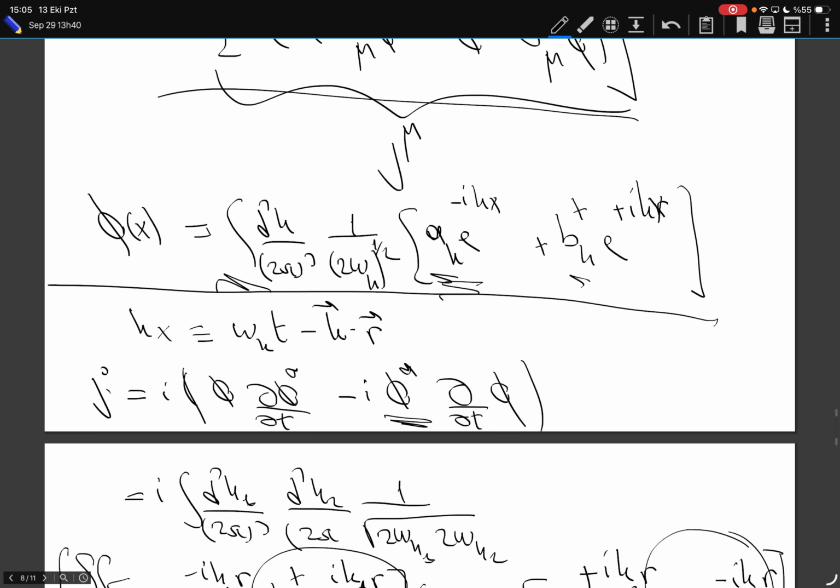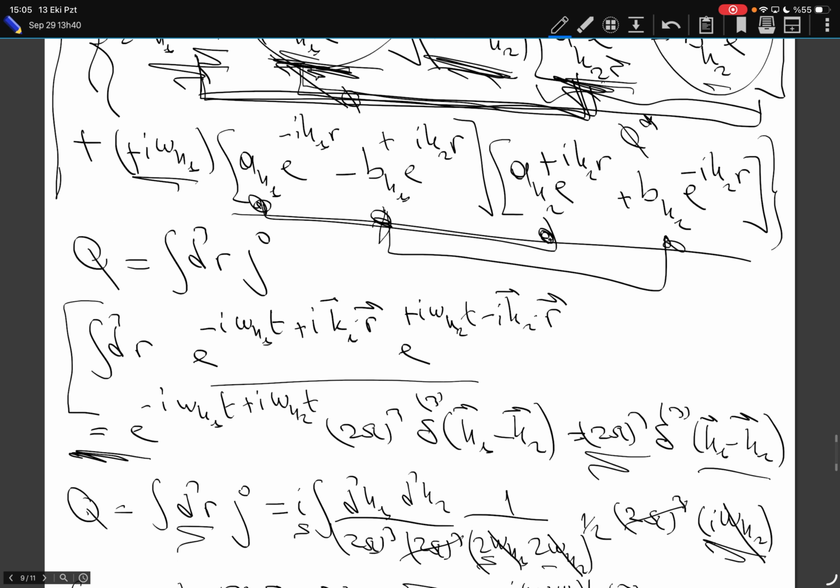We didn't know what they correspond to, but the only thing we knew was they had the same mass. The fields created by A and B had to have the same mass, because for both of them, omega k squared is equal to m squared plus k squared. For both of them, this was satisfied. So for both fields, the masses were the same.